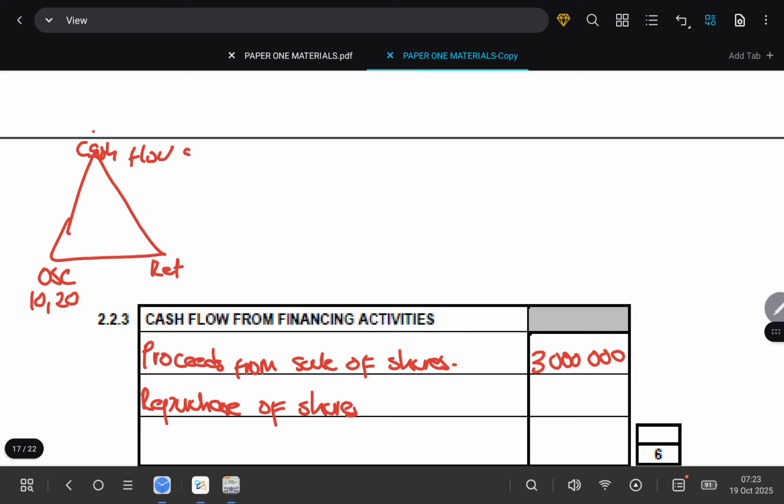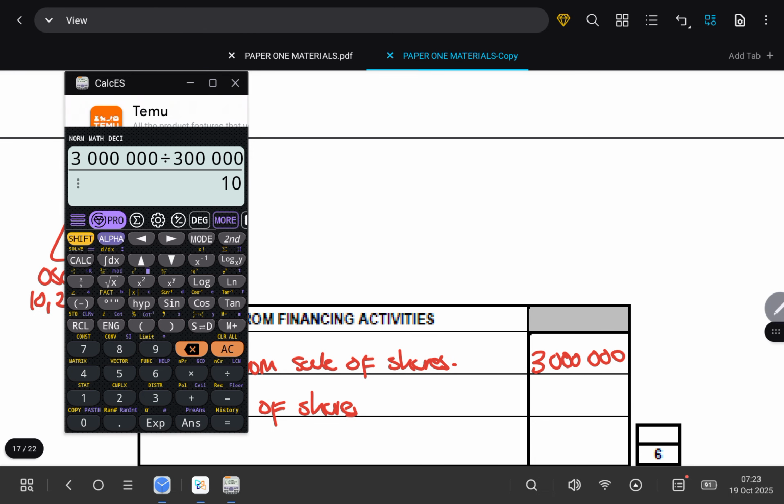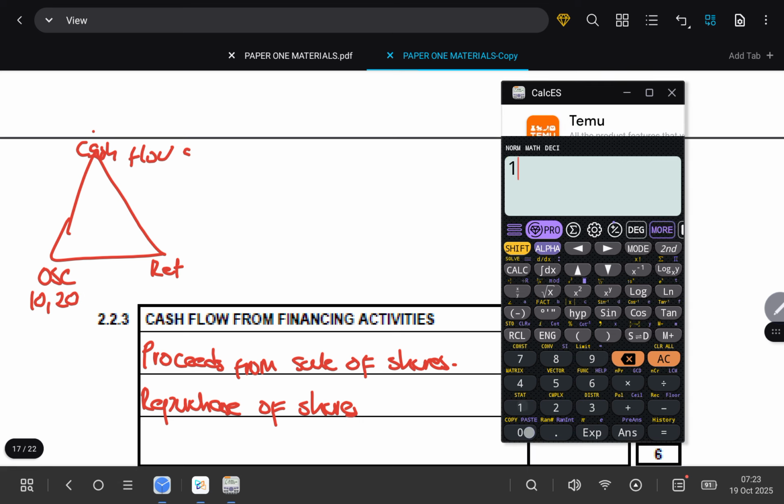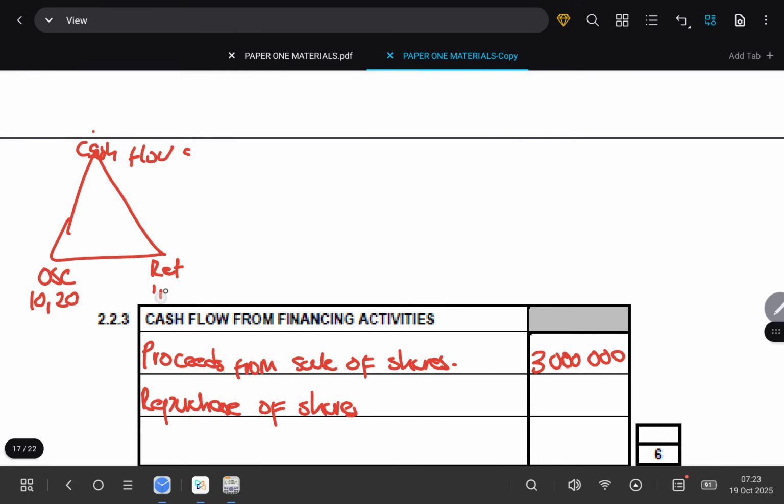So we say 10 rand 20, which represents 85%, multiply by 15, divide by 85, which gives us 1 rand 8.